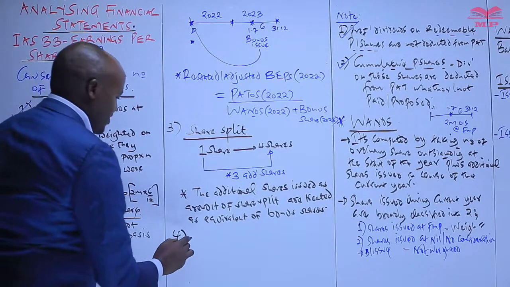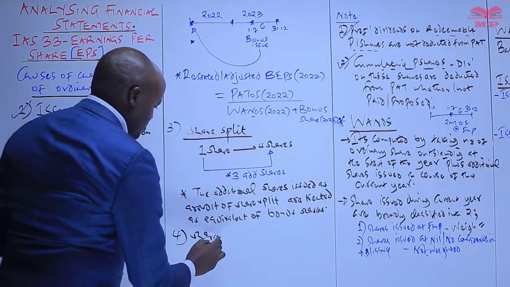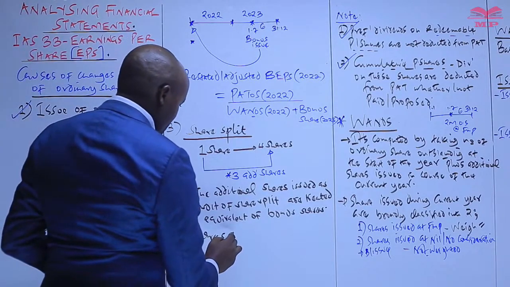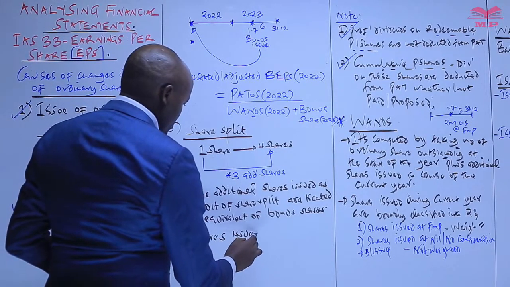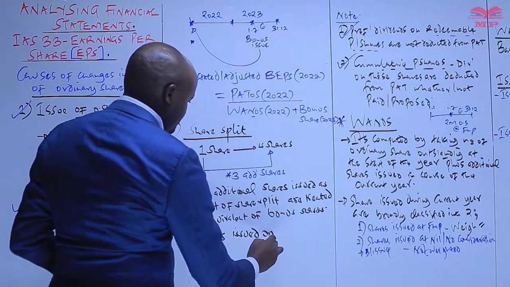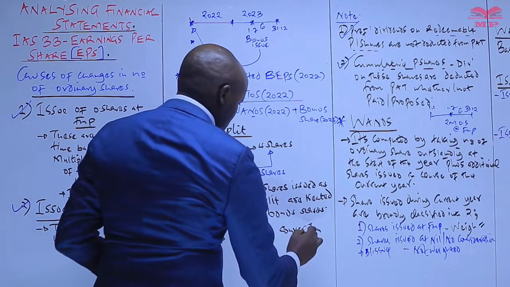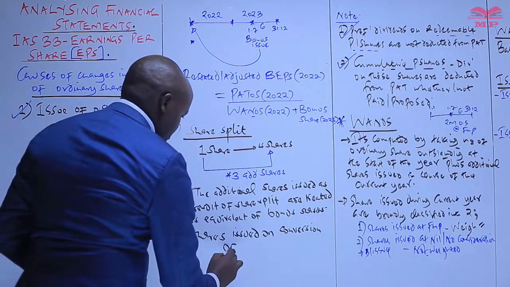And then from there, the other reason why the number of shares issued at the start of the year may change: we have shares issued on conversion of convertible securities.